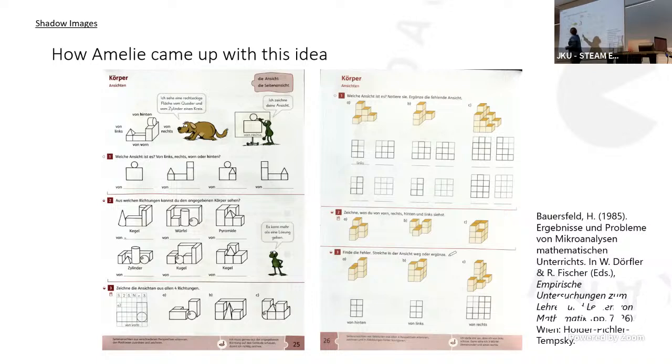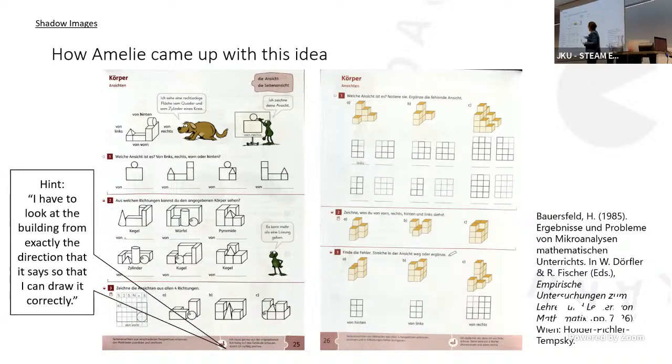And you have a hint here in the book. It says, I have to look at the building from exactly the direction that it says, so I can draw it correctly. And the kids looked exactly at this direction and tried to draw.